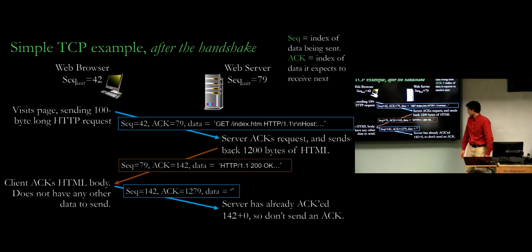So the server gets this. It sees that the sequence number plus the data it received is 142, which it already has acknowledged before. So previously it acknowledged 142. So it doesn't need to acknowledge anything further. And the transaction is done.